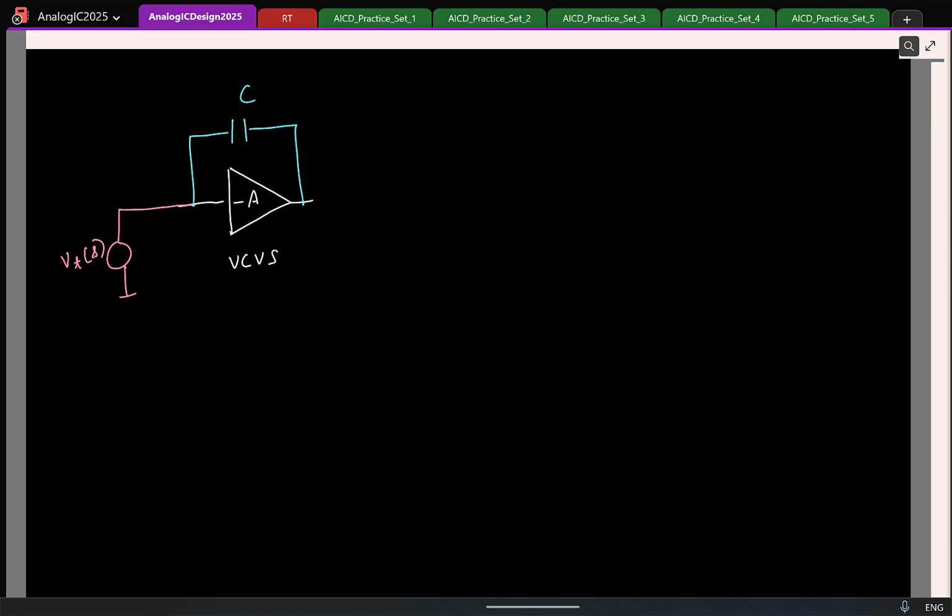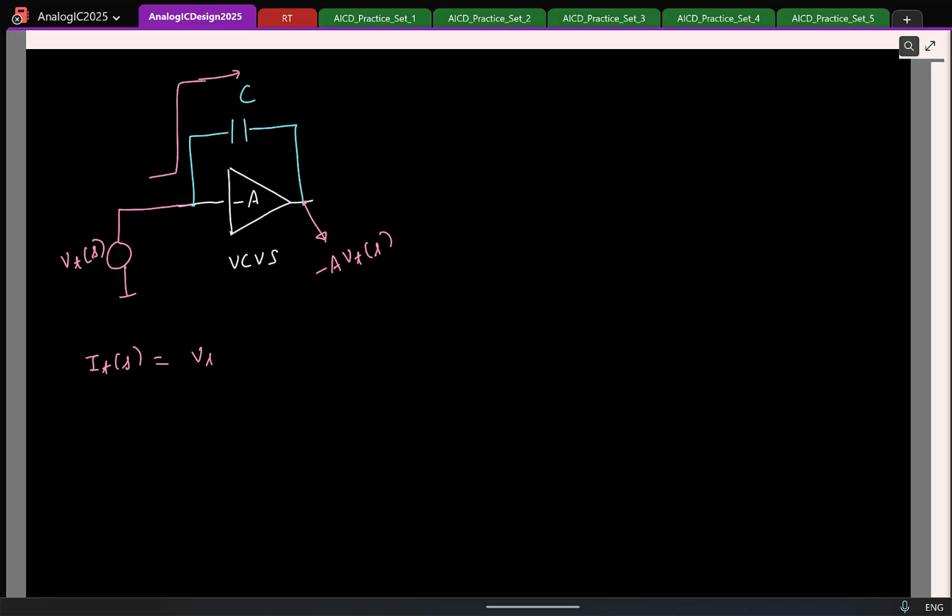So what can you say about this voltage? A times VT or something else? So which means what can you say about the current through the capacitor? That is my test current. How much will that be?